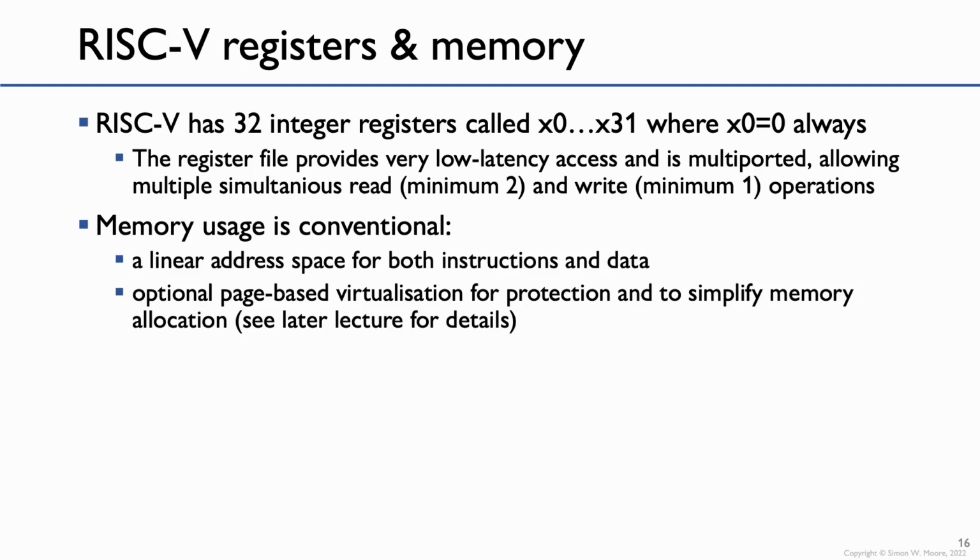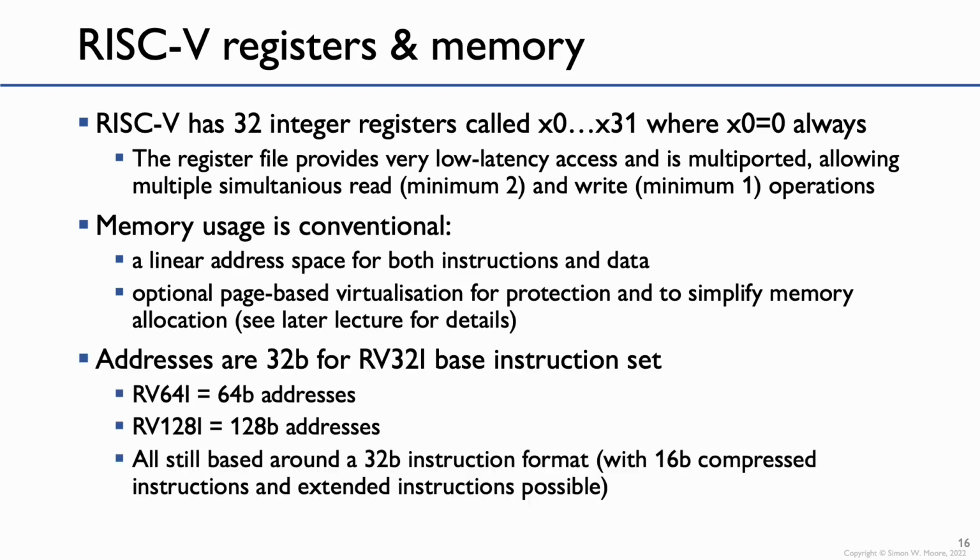Memory usage is conventional in that we have a linear address space for both instructions and data, and there's optional page-based virtual memory protection to simplify memory management, and also to provide some protection between application threads. Further details in a later lecture.